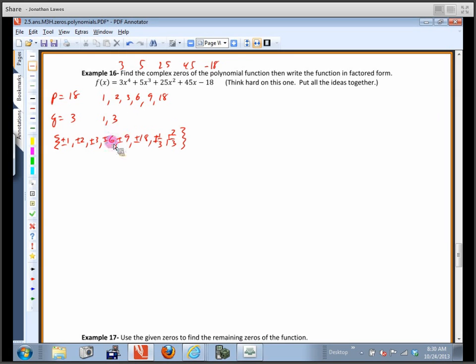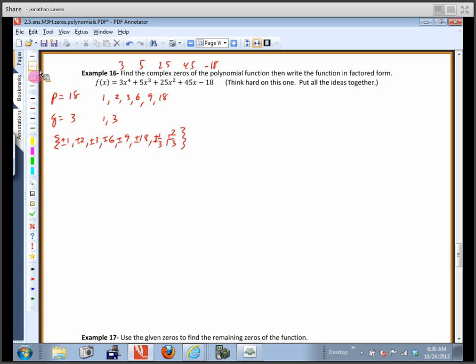What would happen if I plugged in a 2, a positive 2? Wouldn't this number get even bigger than 3 and still be positive? Even bigger than 5 and still positive, even bigger than 25 and still positive, and then all I'm going to get to do is subtract 18. Are any of these big positive numbers going to work? Not a chance. No way.